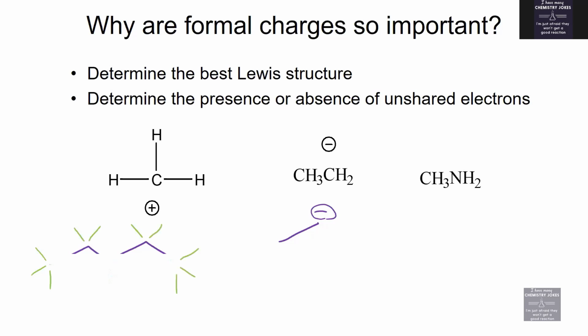Because all of those are neutral, they need to make 4 bonds in order to be neutral. But this carbon that has the positive, carbon is in group 4, and in order to have a positive charge, it means that it needs to have 3 bonds, or what that generally means is it's got 0 lone pairs and 3 bonds in order to have a positive charge.